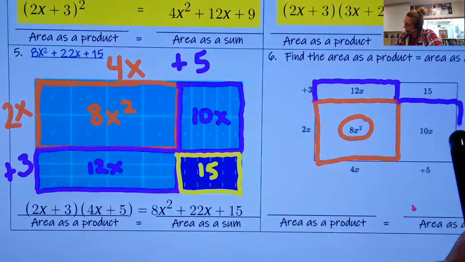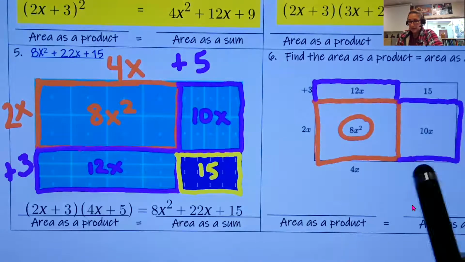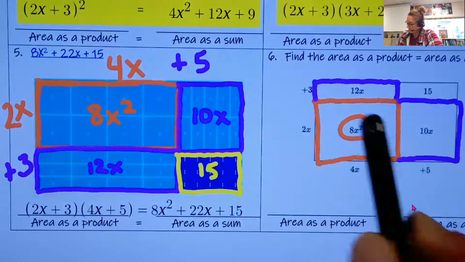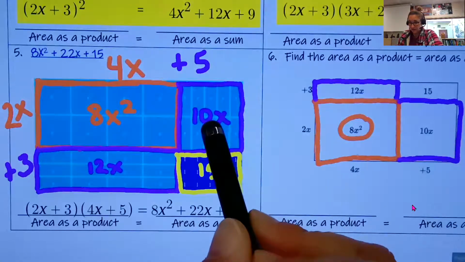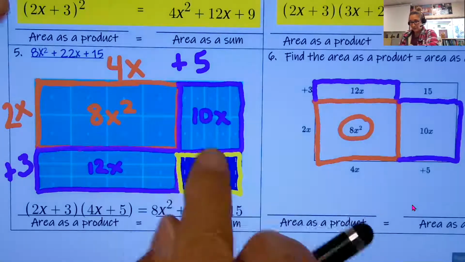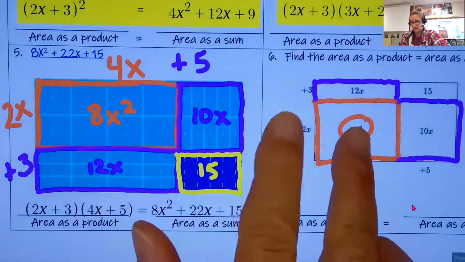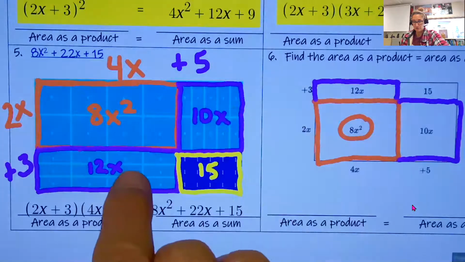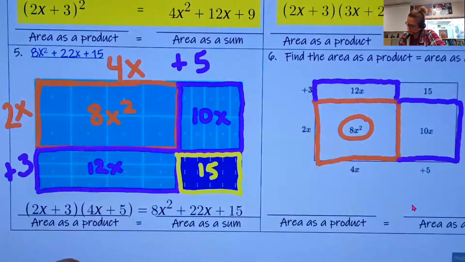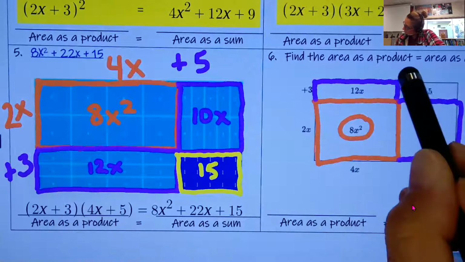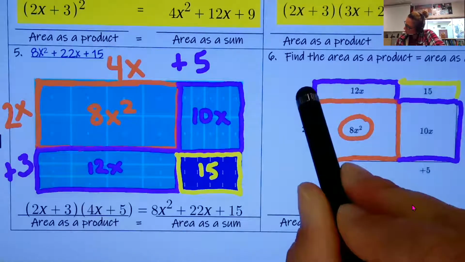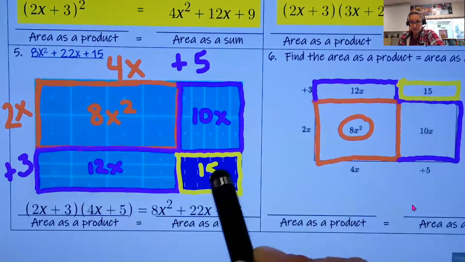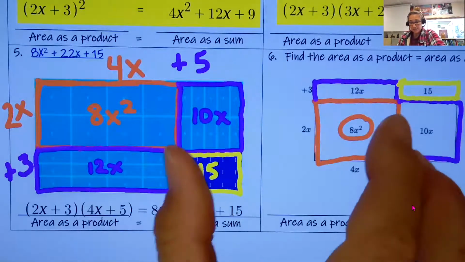Then over here, I have 5 times 2x, which gave me 10x, and again, I have 10x right here. We just flip-flopped them in a different order, but it's the same thing: 8x squared, 10x, 10x, 12x, 12x. And then my ones right here, this was 3 times 5, which gave me 15, and I had 15 here. So these are exact same pictures.